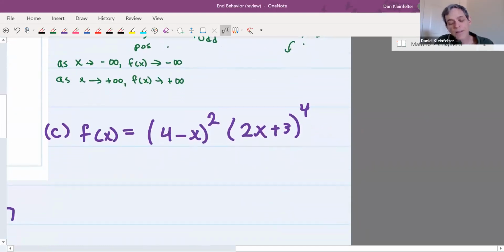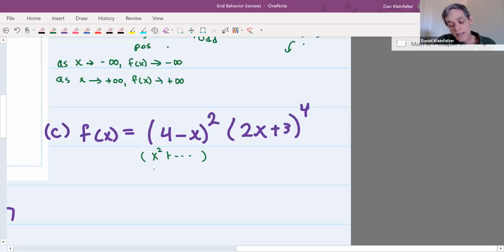Okay. This one takes a little bit more care just because the f is factored. So we have to really think about what that leading term is going to look like. And neither you nor I want to actually multiply this thing out. So instead, we want to just think about it. So 4 minus x squared, if we multiply that out, if we did, and that's a big if because we're not going to, but if we multiply this out, this would start off negative x squared plus a bunch of stuff.